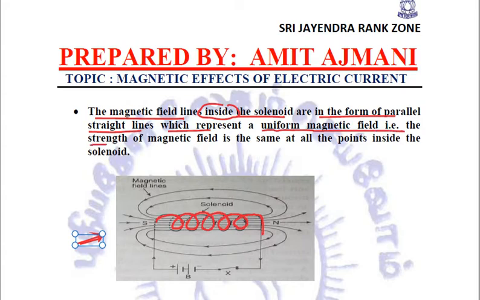That is, the strength of magnetic field is the same at all the points inside the solenoid, which is very important point.